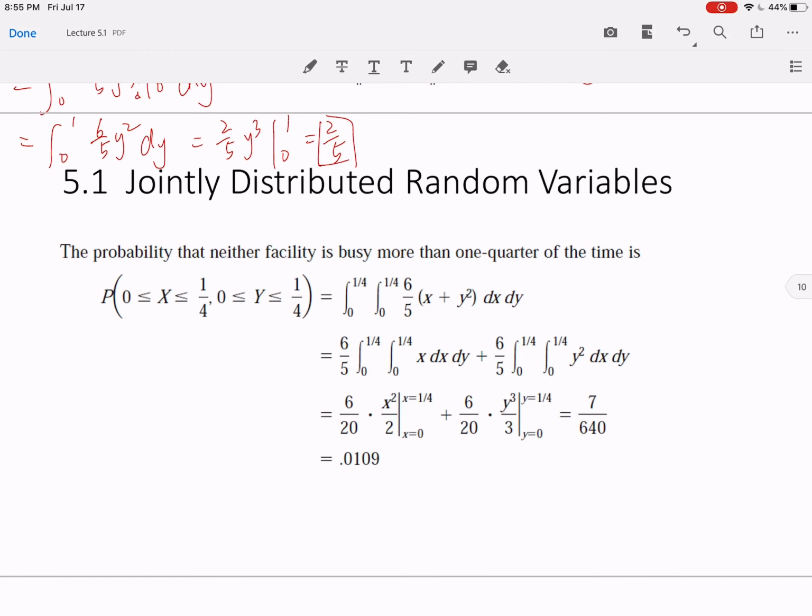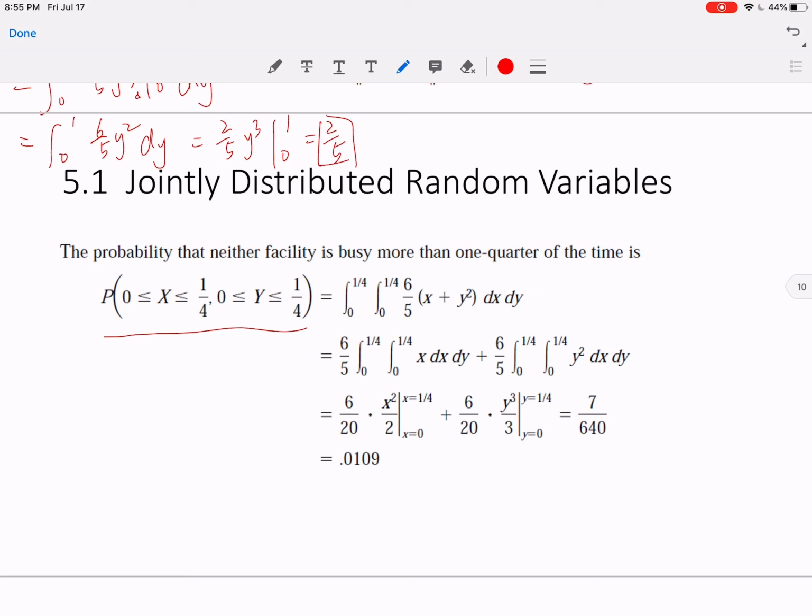The probability that neither facility is busy more than 1/4 of the time is... So since neither is more than 1/4, which means both of them are between 0 and 1/4, right? So in other words, in this case, we're looking for the probability that x is greater than or equal to 0 and less than or equal to 1/4, and y is greater than or equal to 0 and less than or equal to 1/4.